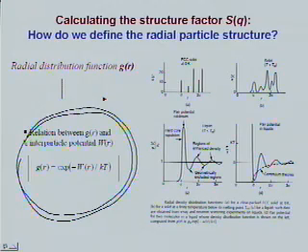Essentially the likeliness of having another particle here depends on whether you have positive or negative energy of interaction between these two particles. If the particles like each other, they're going to stick to each other, and you're very likely to find another particle exactly one particle diameter away from the surface of the first particle. If the particles repel each other, you're not likely to find another particle close because they're going to be far away.